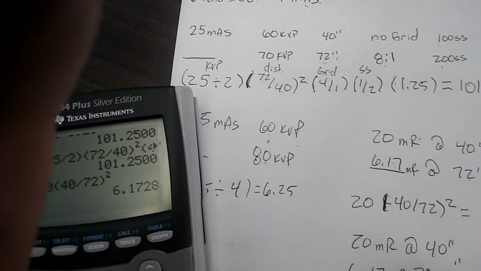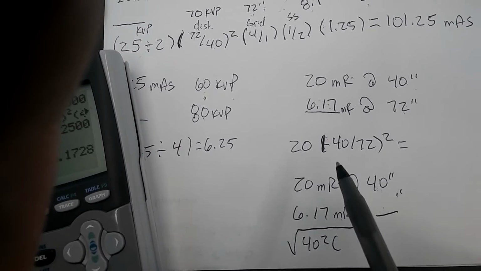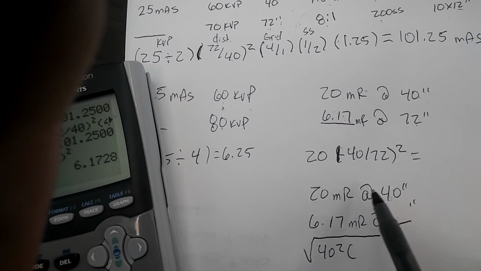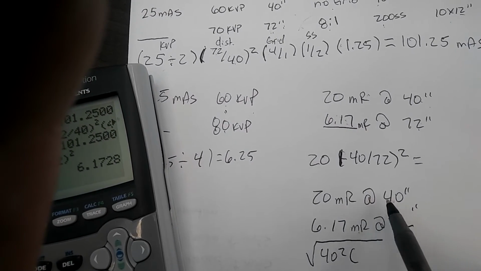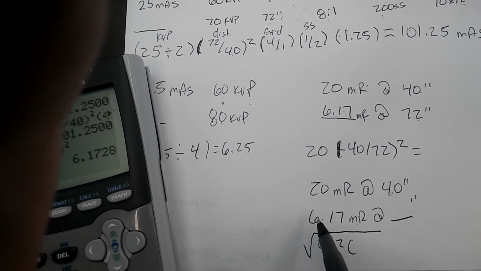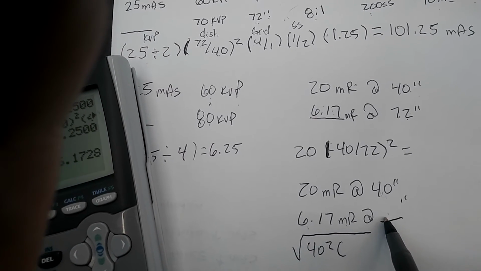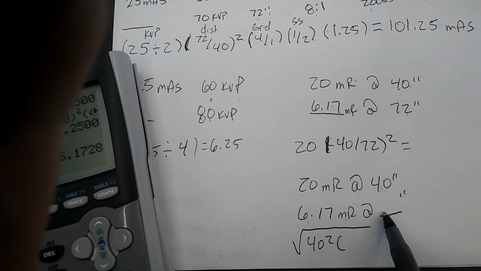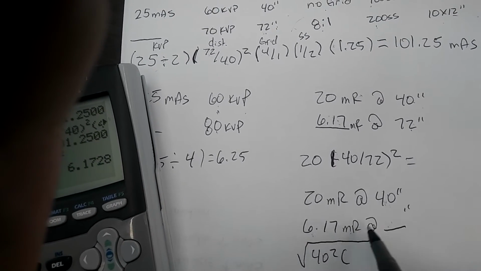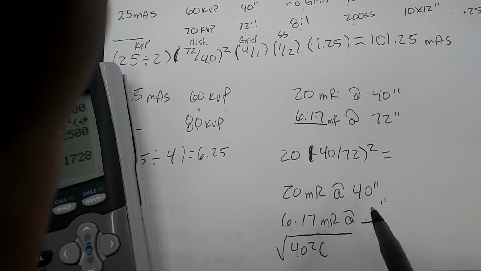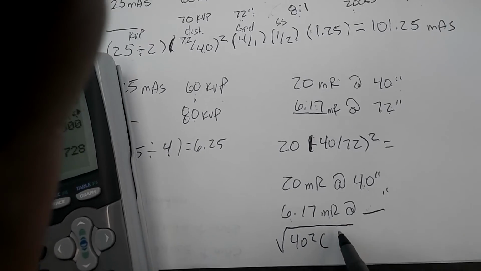Now here's where you have to know what's going to happen with the biggest number on top or the smallest number on top. If you have 20 milliroentgens at 40 inches and then 6 milliroentgens at smaller, then you know this distance needed to increase. It needed to get bigger. I can't stress enough that you really need to understand this stuff.